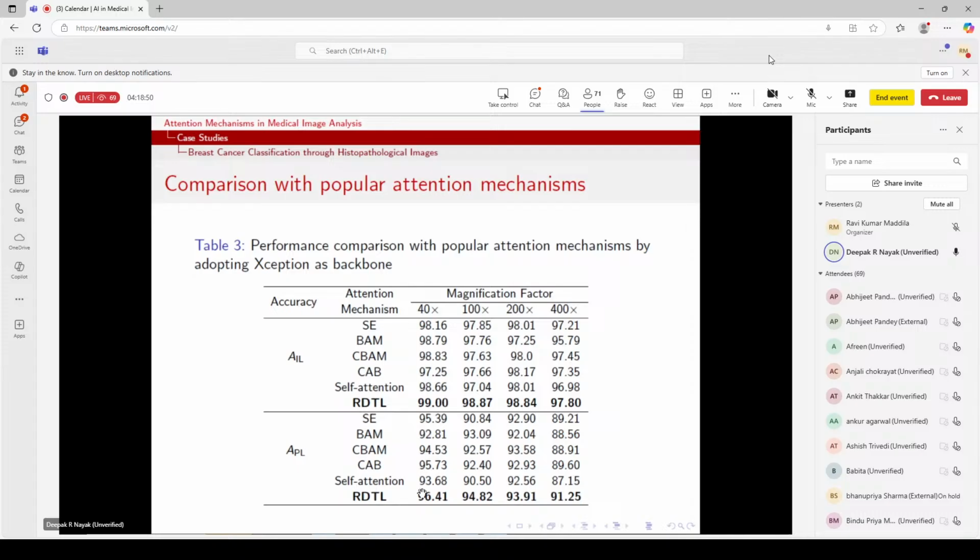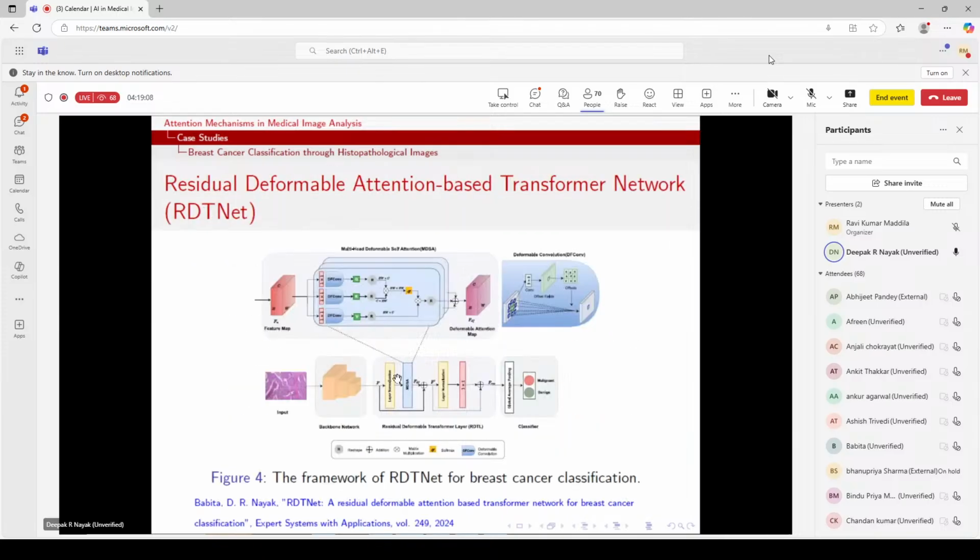We are always getting improved results, comparatively better than other attention mechanisms like squeeze and excitation, which I mentioned, and BAM and CBAM also. And even if you only compare with the traditional self-attention, we are getting relatively better results, as we have made some modifications in the self-attention.